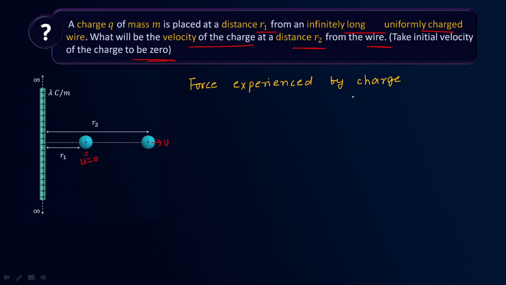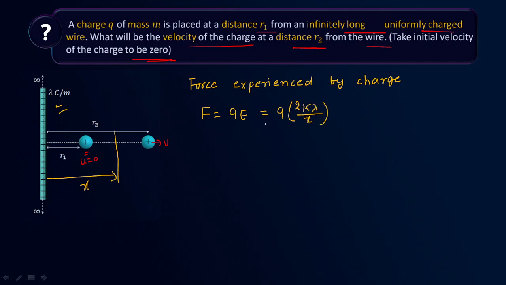The force experienced by the charge I can write as F equals q times E. Now E will be how much? Here we don't take r1 and r2, we consider one random point where the particle is at a distance of x. So E, for an infinite wire, will be equal to 2k lambda divided by x.